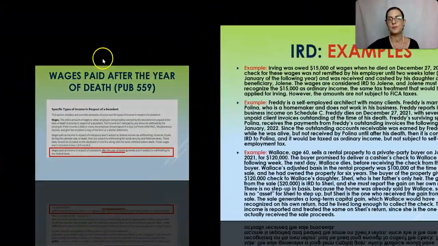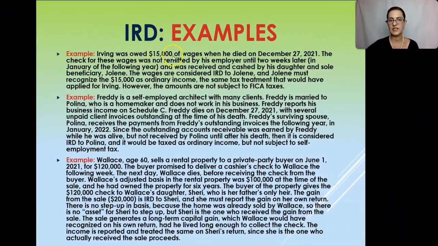IRD examples. Irving was owed $15,000 of wages when he died on December 27th, 2021. So he died right at the end of the year. The check for these wages was not remitted by his employer until 2 weeks later, in January of the following year.